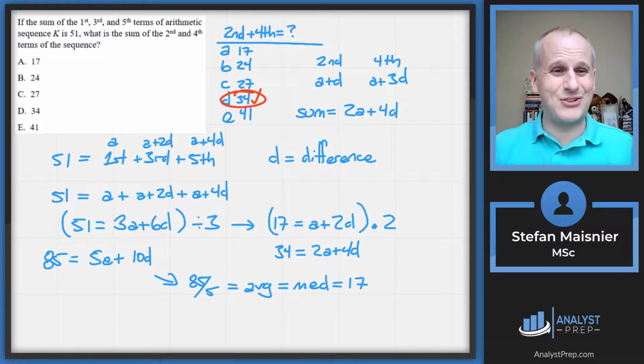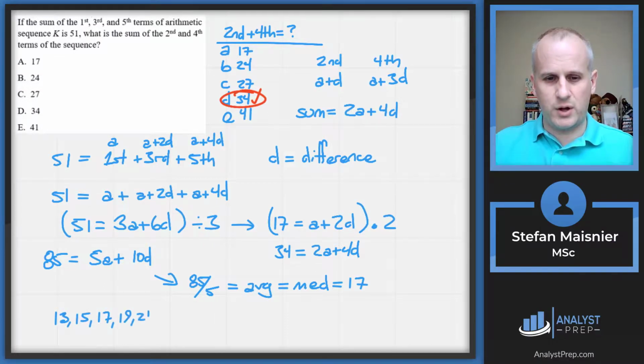But I have no idea what the difference is. The difference actually can be any number of things, because it could be that I've got 13, 15, 17, 19, 21, or it could be something a bit more disparate. It could be 9, 13, 17, 21, 25.